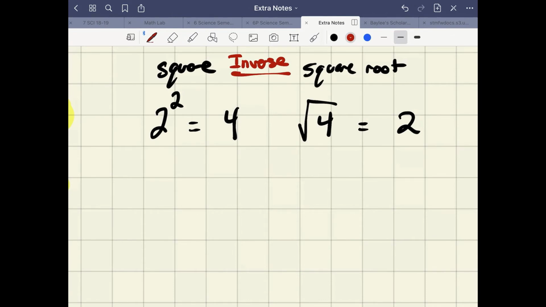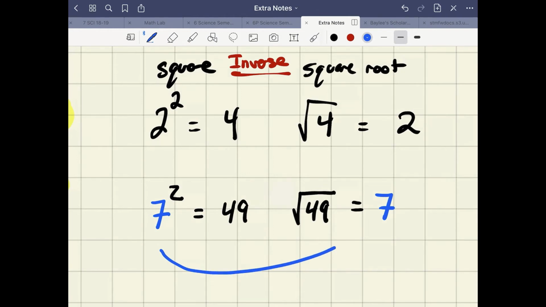If you square something and then take the square root, you're just undoing it. So if I take 7 and I square it, that'll equal 49. Then if I take the square root of 49, that will give me 7.